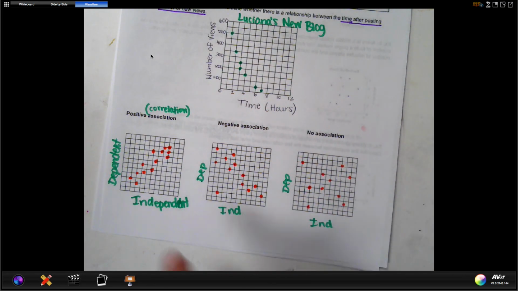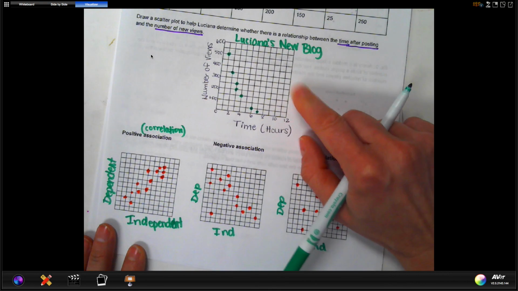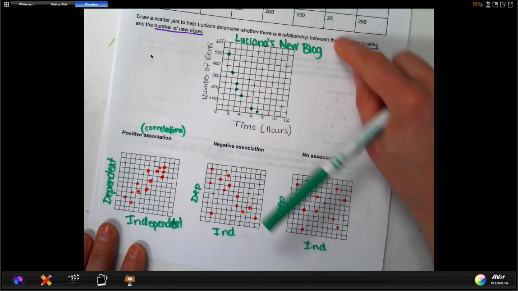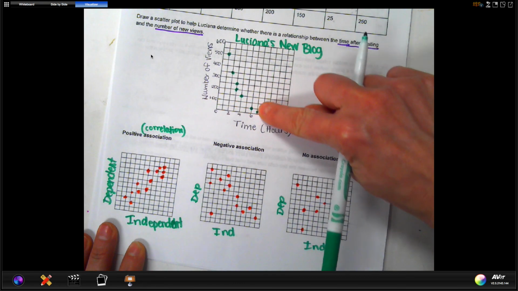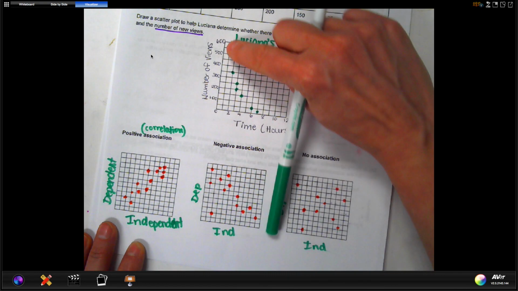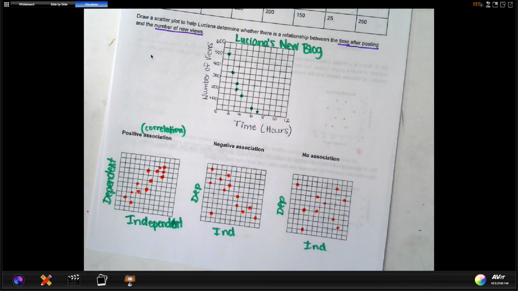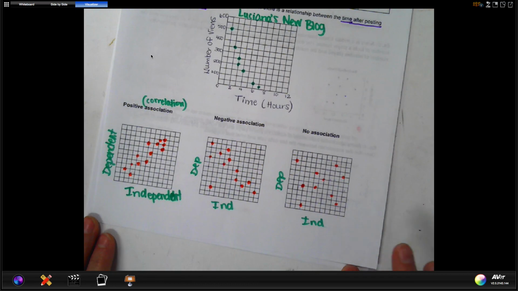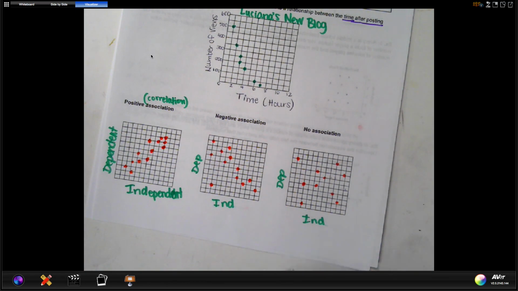Okay, and so those are the three associations, which means up here in our example 1, what kind of association is Luciana seeing here? She's seeing a negative association because as her time is increasing, her number of views is decreasing, okay?